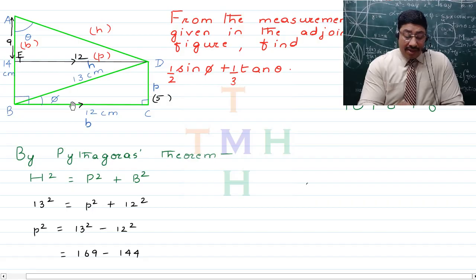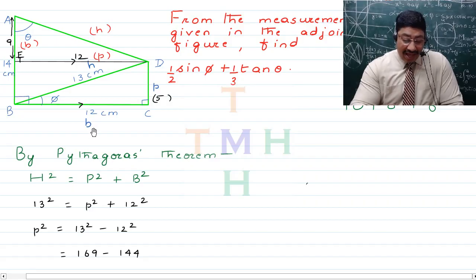So now when we talk about this angle phi, right, in this, the side which is opposite to it will be the perpendicular, the side which is opposite to 90 degree will be the hypotenuse, and the third side is going to become the base. So we have the hypotenuse, we have the base, and we do not have the perpendicular, right? So what we do is we can find out the perpendicular by using the Pythagoras theorem.